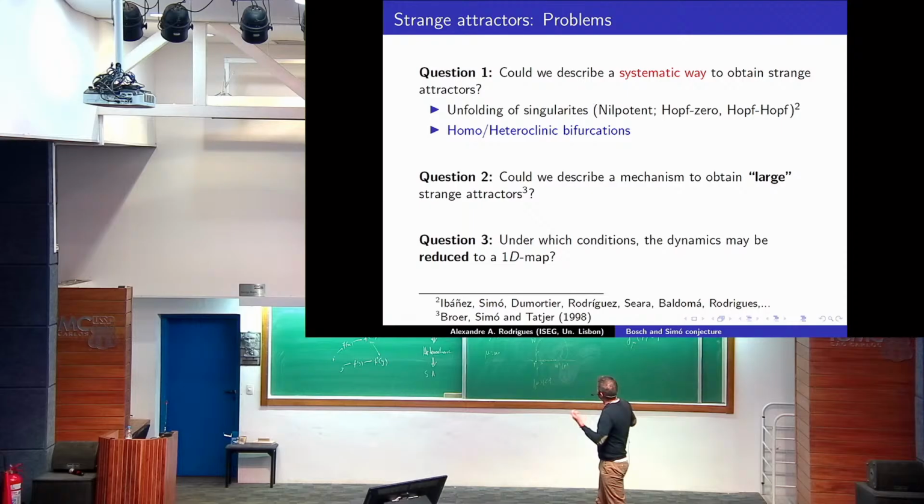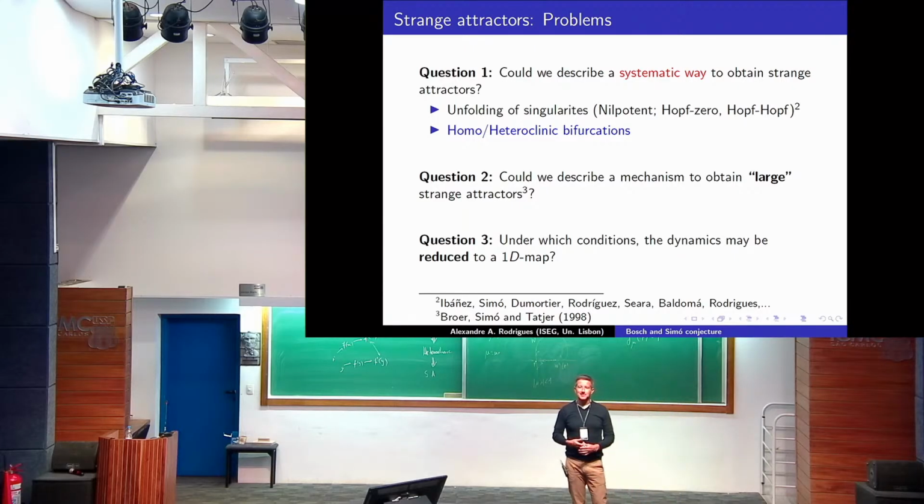And finally, there is a technical result on under which conditions the dynamics could be reduced to a one-dimensional map. So I have a vector field, I compute the first return map, and I determine under which condition I could just study a one-dimensional map to recover the dynamics of the initial vector field.